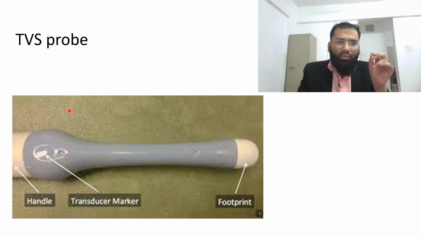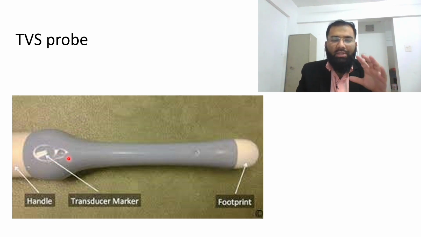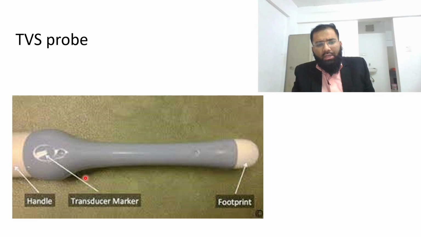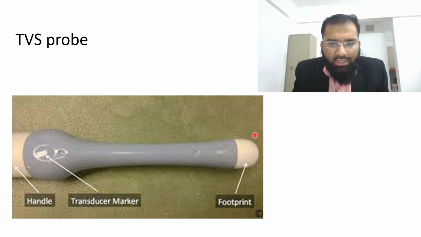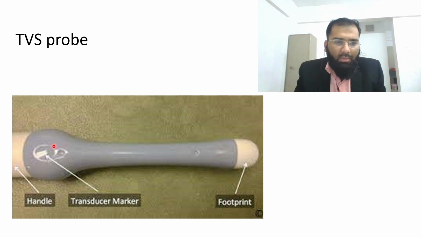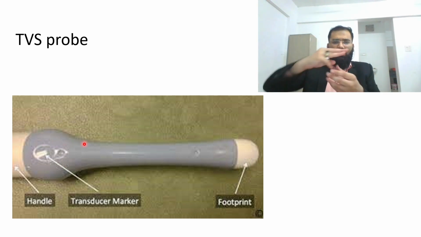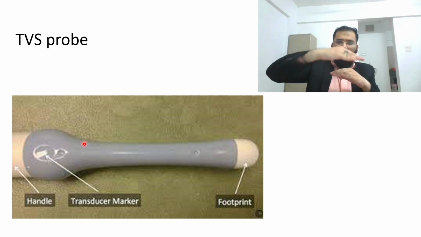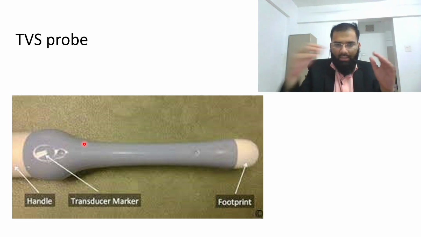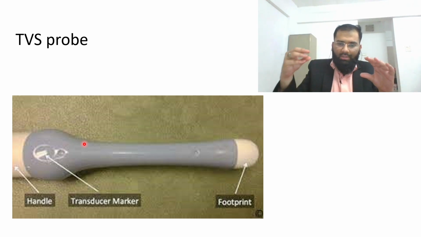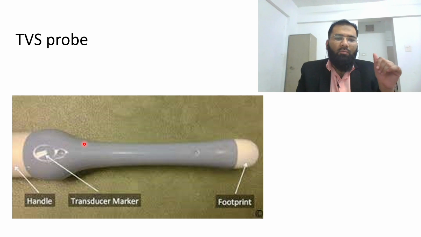Now, usually in first trimester, the best results are achieved using transvaginal probe. So here I have shown you the image of transvaginal probe. This is the transvaginal probe, and you can see that this is the marker. If this is the transvaginal probe, the marker is to be placed vertically. So marker has to be facing upwards, and this is inserted inside the vagina.